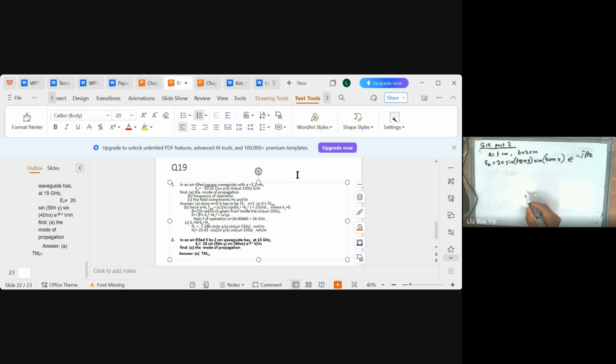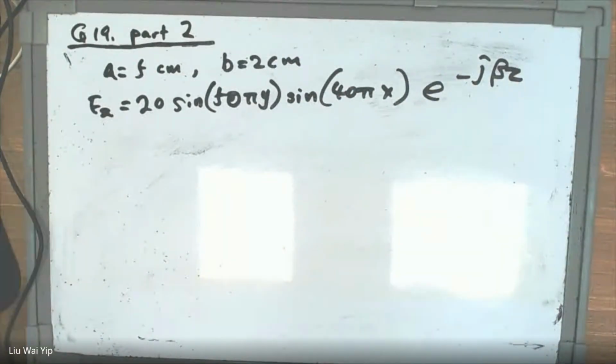So this is the electric field, and the mode number we need to find. I'm going to switch you back to the right part. So this is the given information. You need to find the mode numbers.